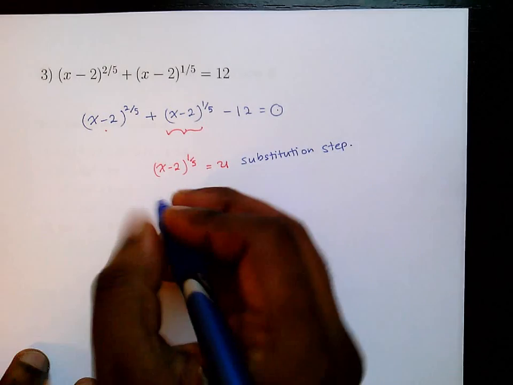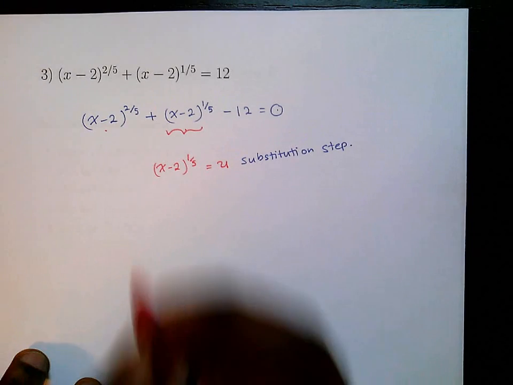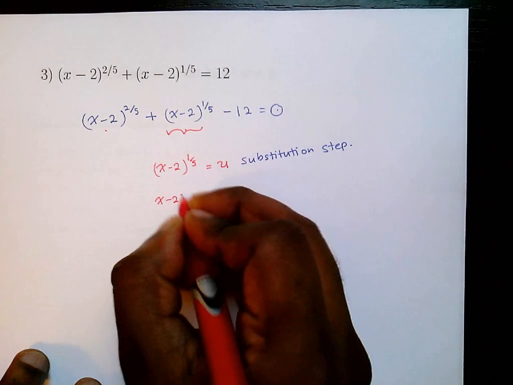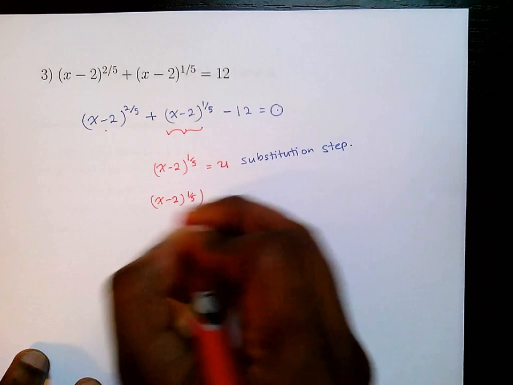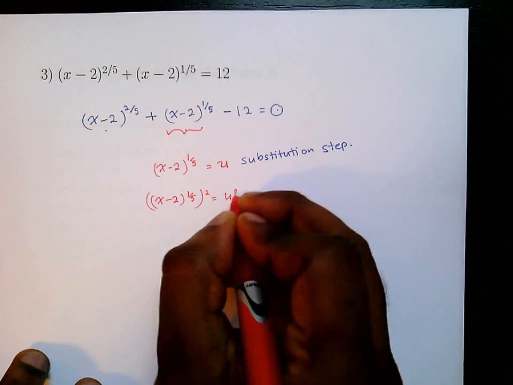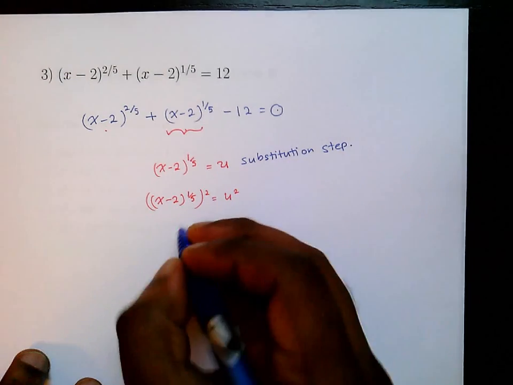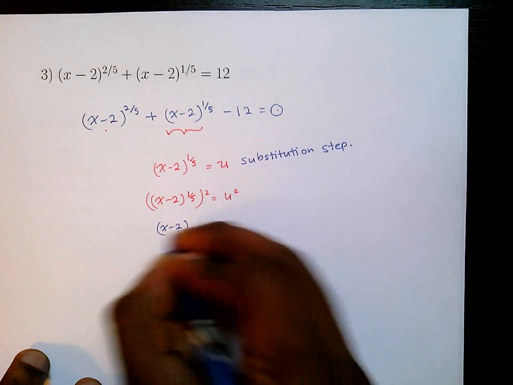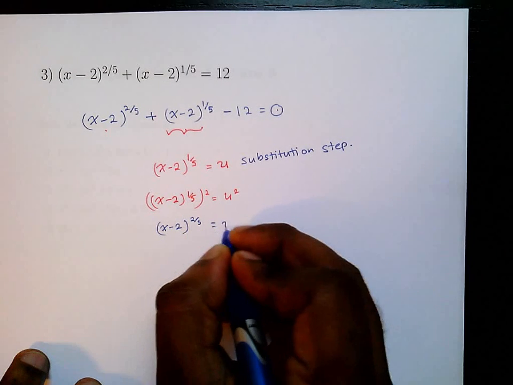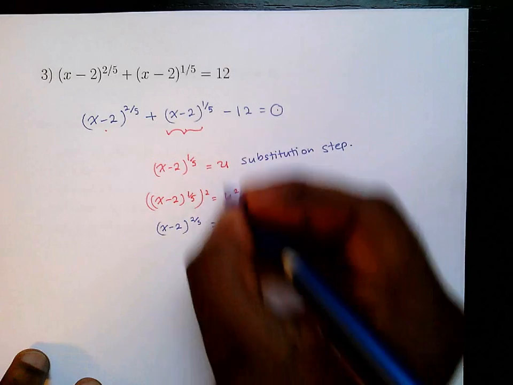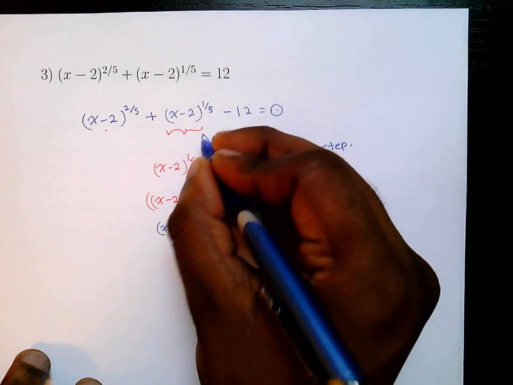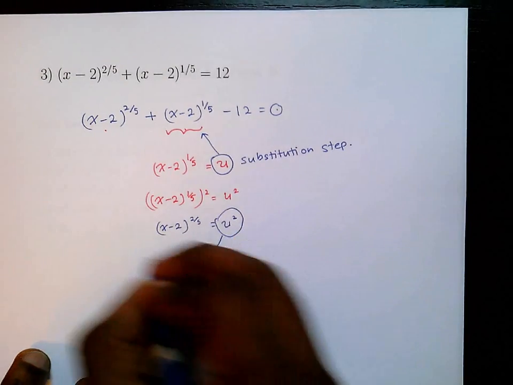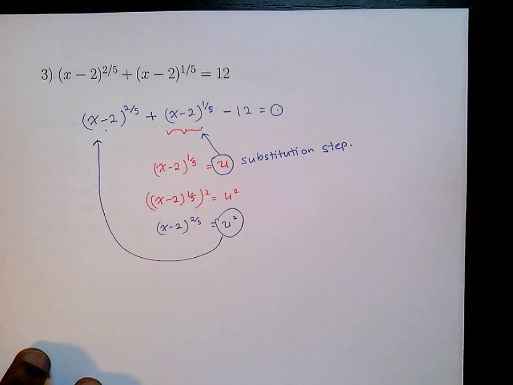Now let's square both sides. So you get x minus 2 to the power 1/5 squared is equal to u squared. So x minus 2 to the power 2/5 is equal to u squared. So u goes in here and u squared goes in here.